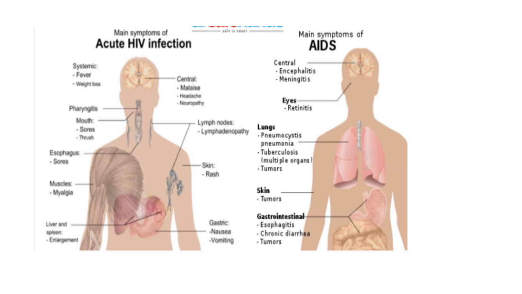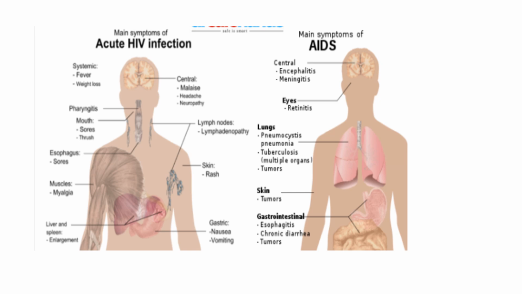So these are a few illnesses which I have given here. A patient who has a HIV infection may have fever, weight loss, pharyngitis, esophagus with sores, myalgia. Then there could be the enlargement of the spleen, which is called splenomegaly, lymphadenopathy, that is the diseases of the lymph.